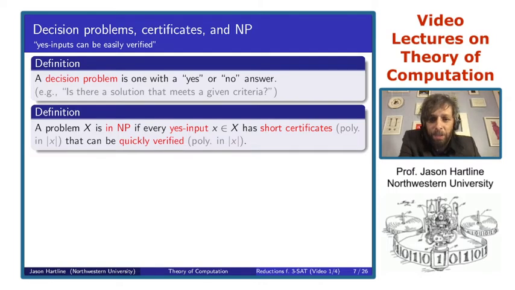So for example, if we have a Boolean formula, to easily verify that it has a satisfying assignment, the certificate would just be the satisfying assignment. We can plug it in and check to see if it evaluates to true. For a graph, where we're trying to see if there's a large set of vertices that doesn't have any edges, the certificate could be the large set of vertices, and we can just check to see if none of the vertices have edges between them.